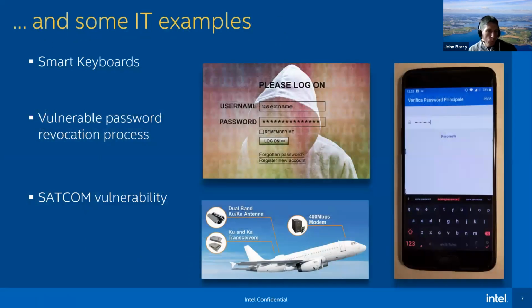There are a few more examples of vulnerabilities that can occur in the more technical realm. You need to be careful about what information you cache. An example of that was in some of the early smartphones.